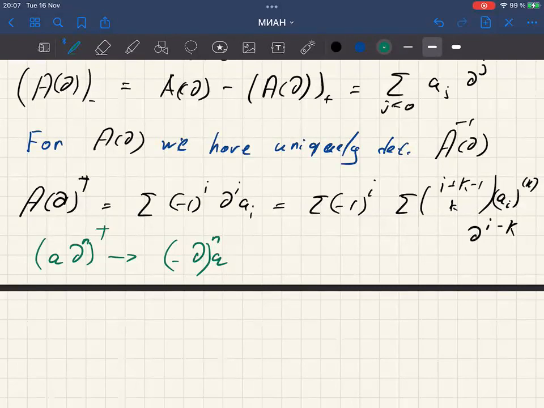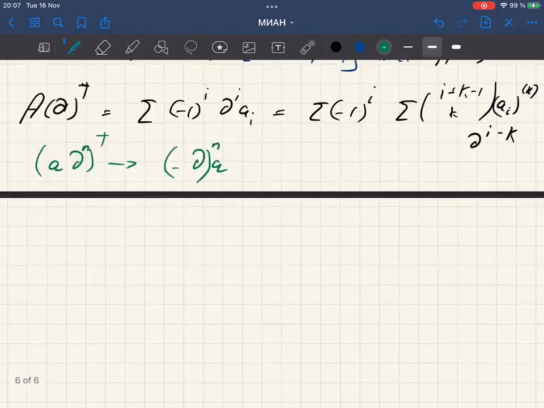So now we want to introduce something that could be called the gauge operators. They are pseudo-differential operators of the following type: 1 plus the sum over j from 1 to infinity.